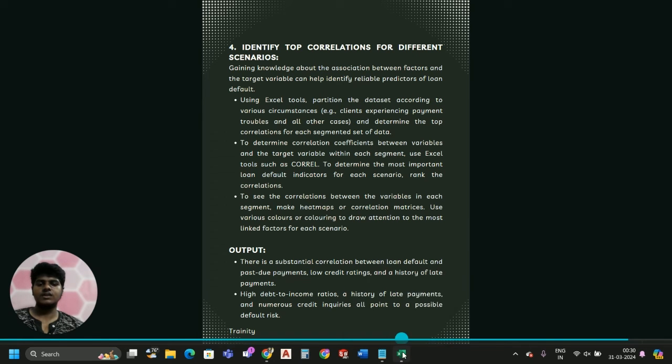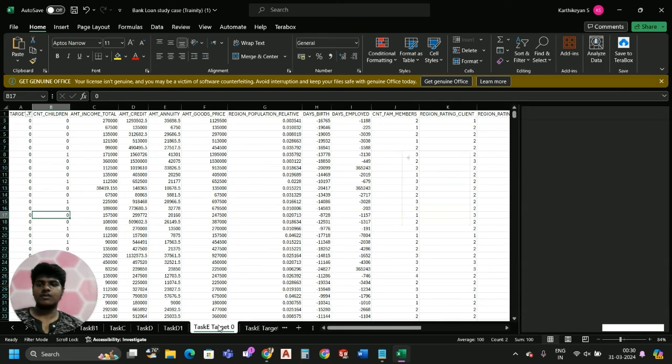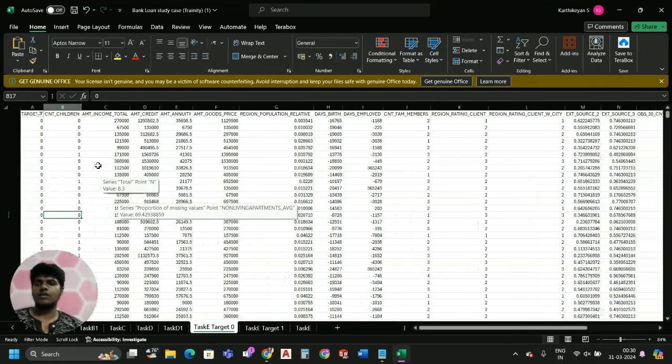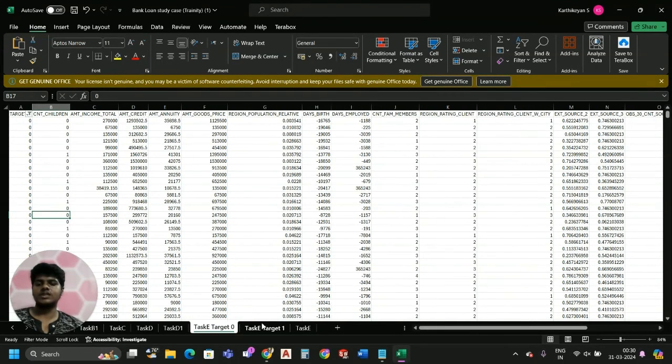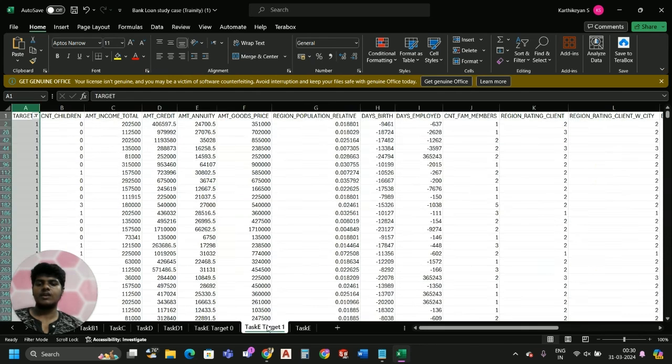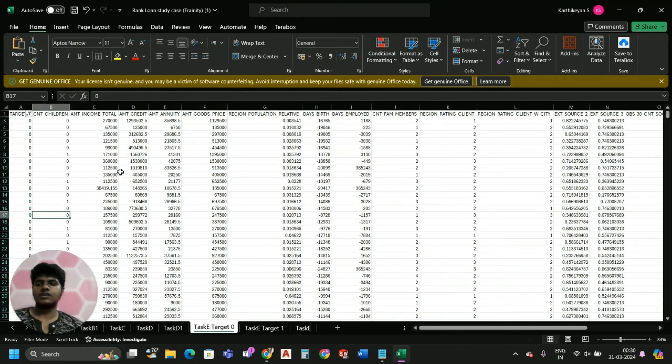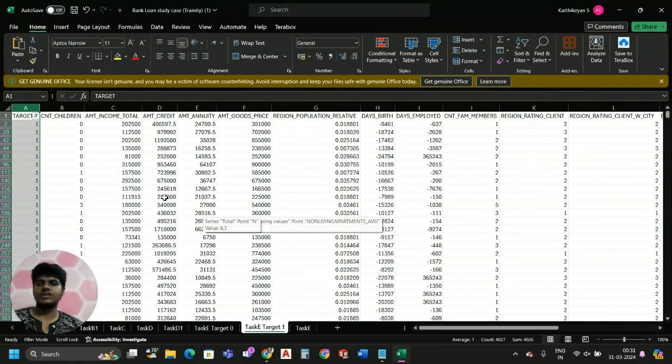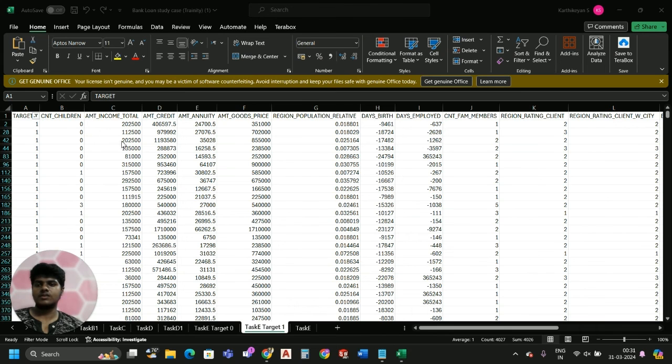Coming to the Excel, we have made two separate sheets, one for target 0 and one for target 1. That is, the client is not having any issues with the repayment, and the client having issues with the repayment, by using this sort formula and this filter tool.